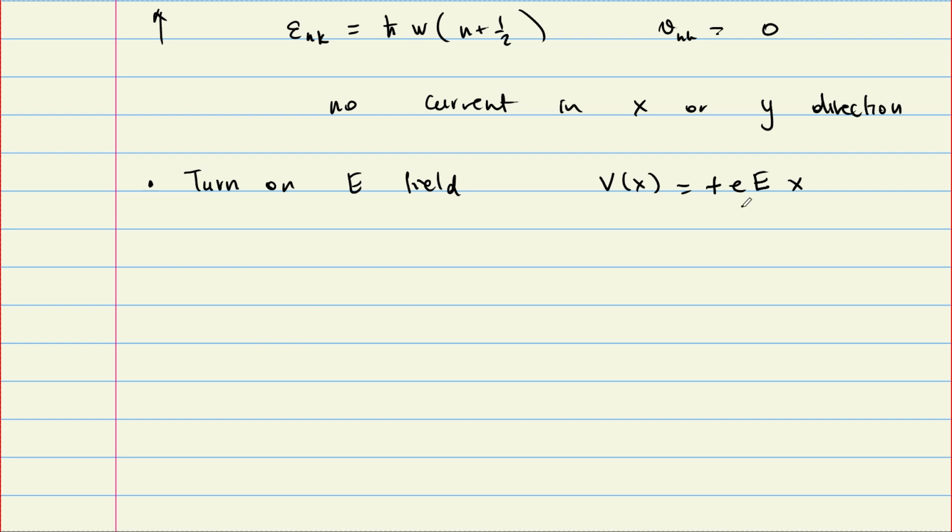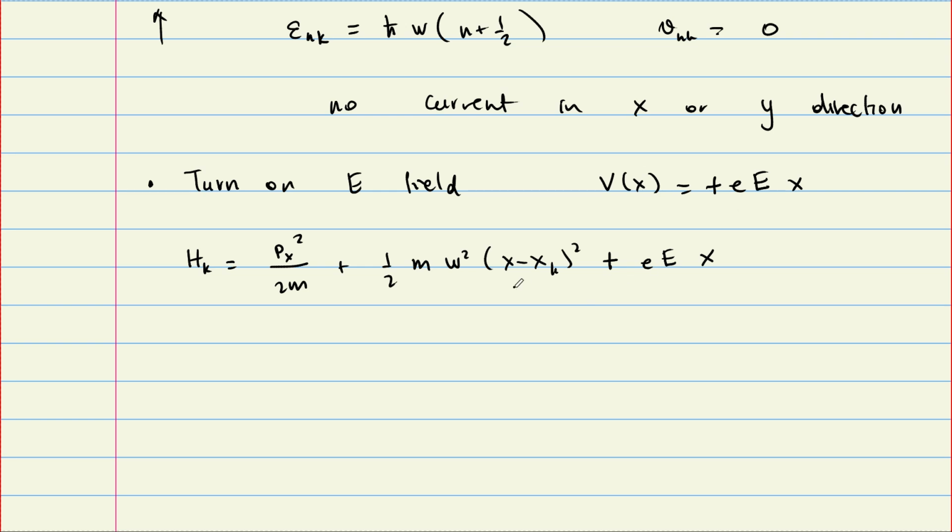And so we have to add this to Hamiltonian and see how the spectrum changes. So H of k, the interesting part, was equal to p squared over 2m plus 1/2 m omega squared (x minus xk) squared plus eEx.